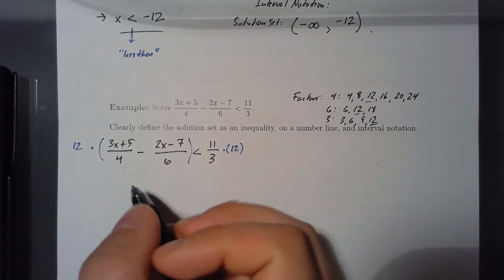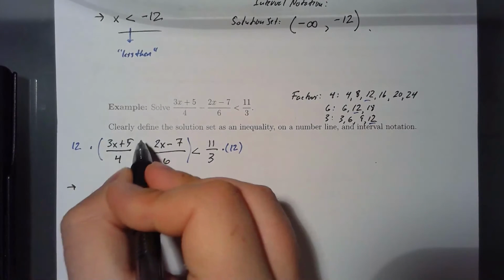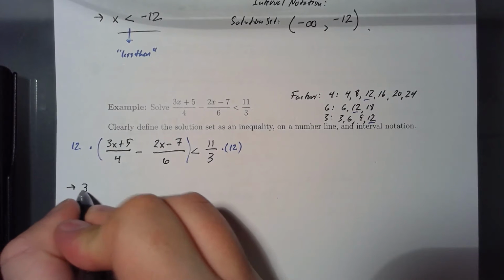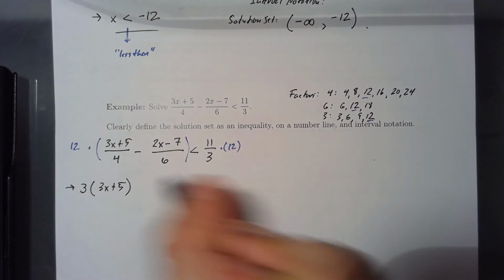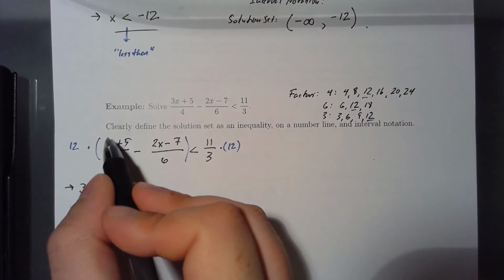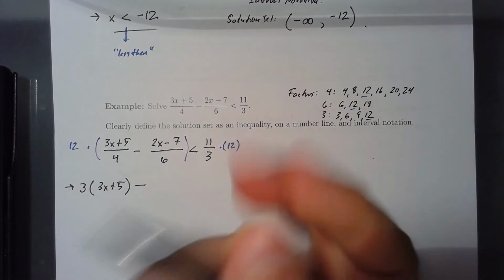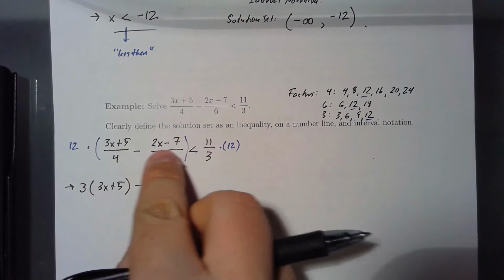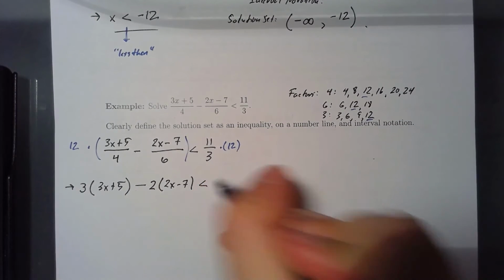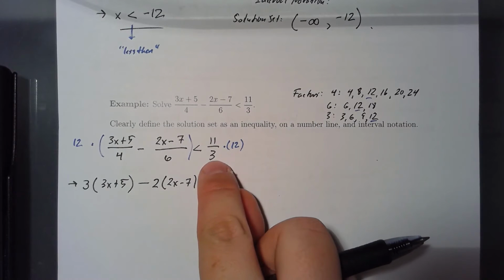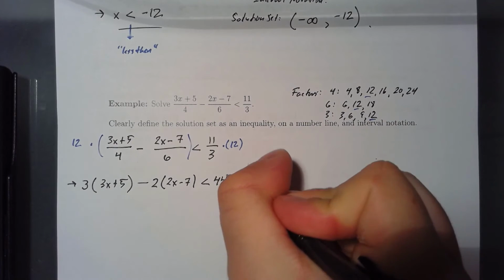So now that I do that, I distribute the 12: 12 over 4 becomes 3, and that's multiplied by 3x plus 5, in parentheses, because it multiplies the whole thing. Minus 12 over 6 is 2, times 2x minus 7. Less than 12 over 3 is 4, and 4 times 11 is 44.